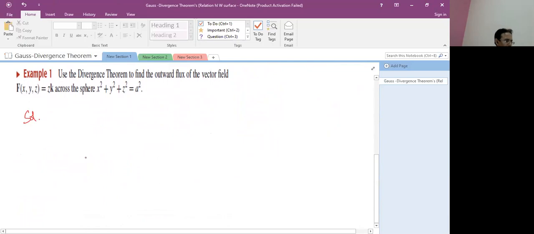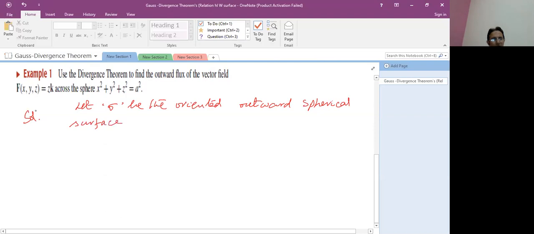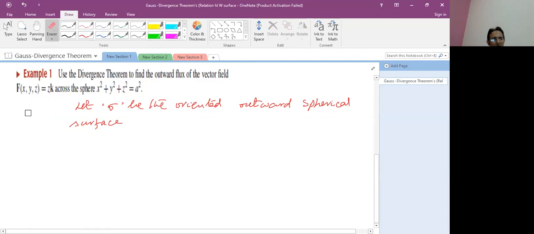So when we consider F of x, y, z is equal to z k, let sigma be the oriented outward spherical surface, and G is the region it encloses.